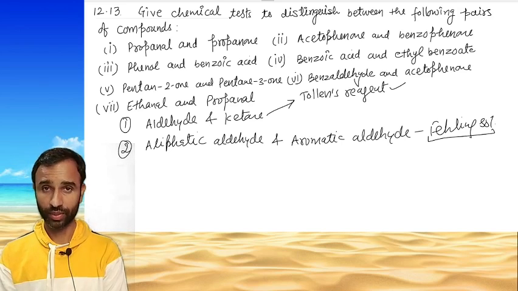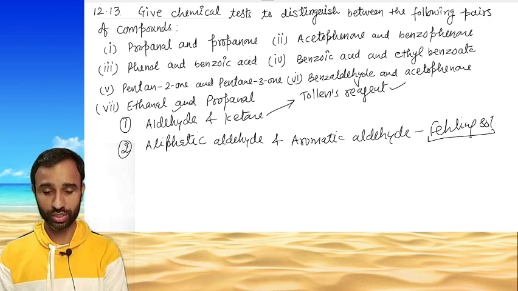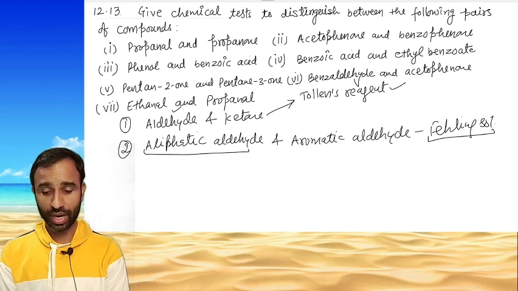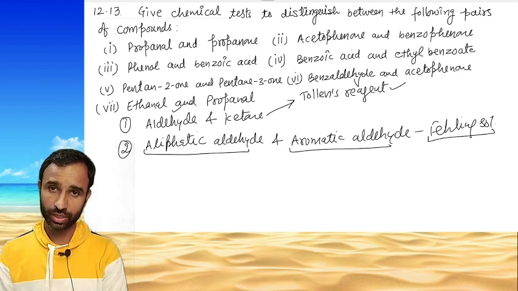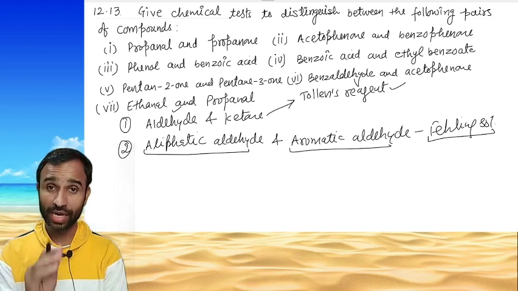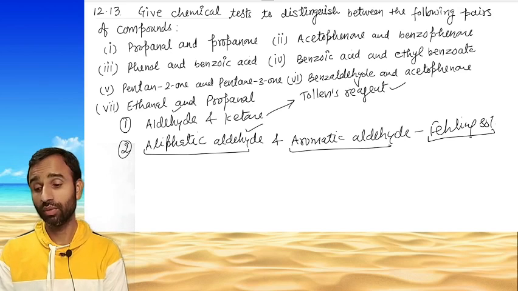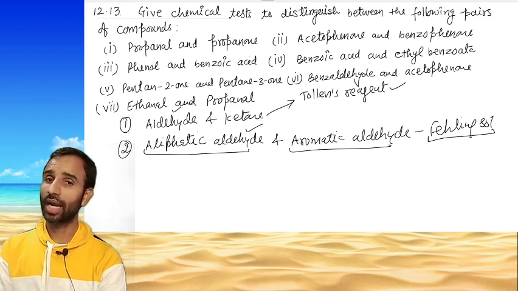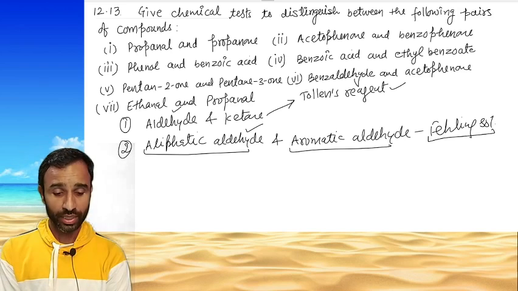Aldehyde and ketone: any aldehyde will give this test, a ketone will not give this test. Aliphatic and aromatic aldehyde, if only aldehydes are there and we have to distinguish, then go for the Fehling solution test. To distinguish aliphatic and aromatic aldehyde, the aliphatic aldehyde will give the Fehling solution test, a red precipitate of Cu2O, cuprous oxide.